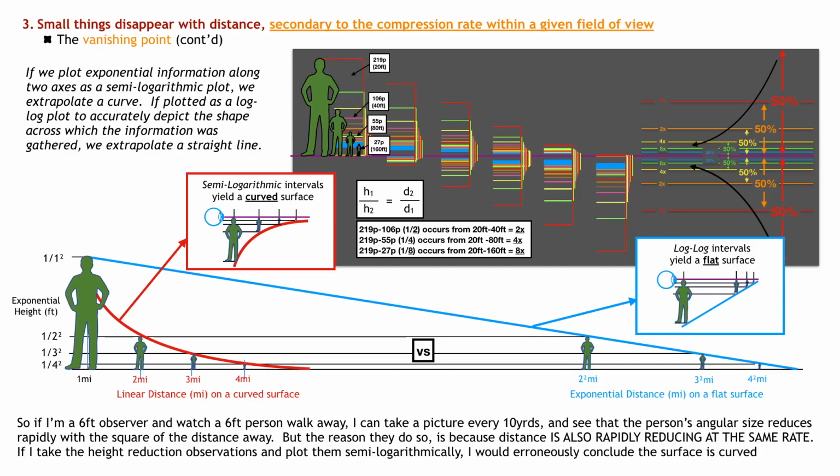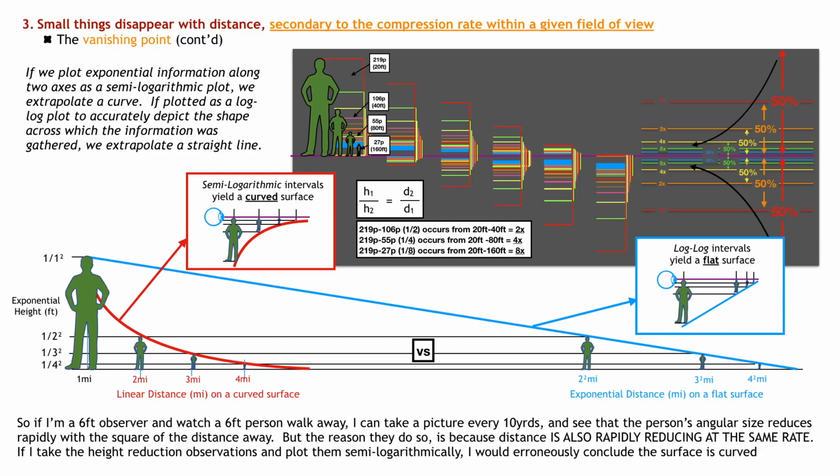But in essence, if I'm a 6-foot observer and watch a 6-foot person walk away, I can take a picture every 10 yards and see that person's angular size reduce rapidly with the square of the distance away, for instance. But the reason they do so is because distance is also rapidly reducing at the same rate, i.e. exponentially.